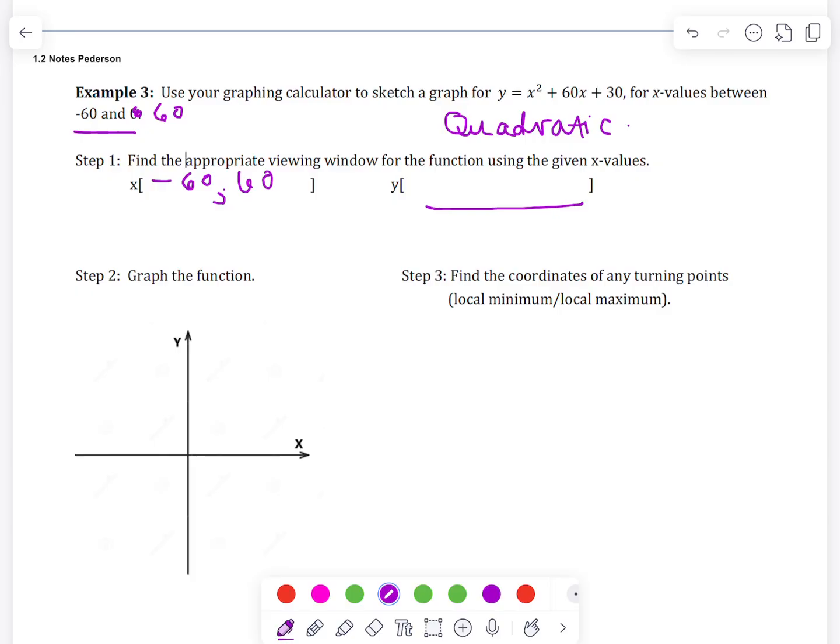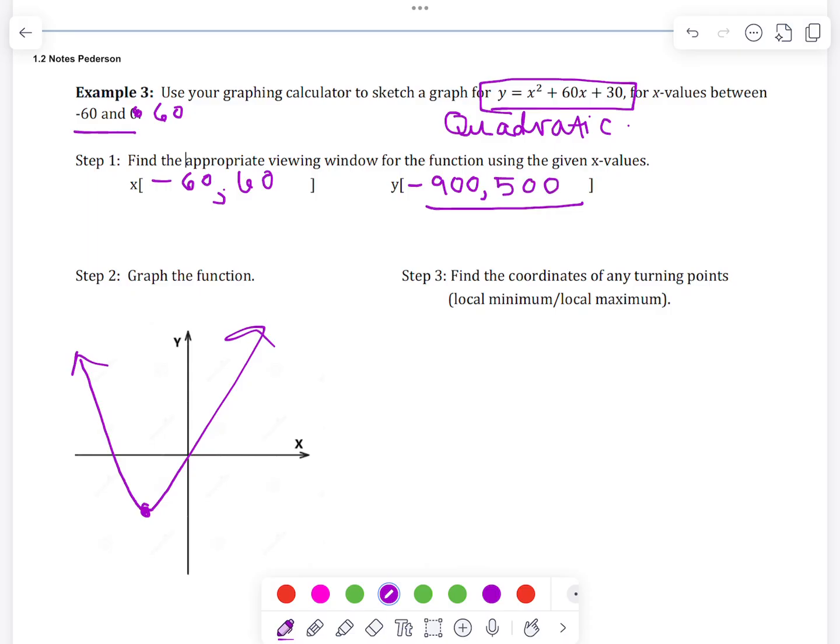So we're going to go ahead and type this into our graphing calculator. And when we're done, what will be appropriate is to make that y go out to -900 and then 500.